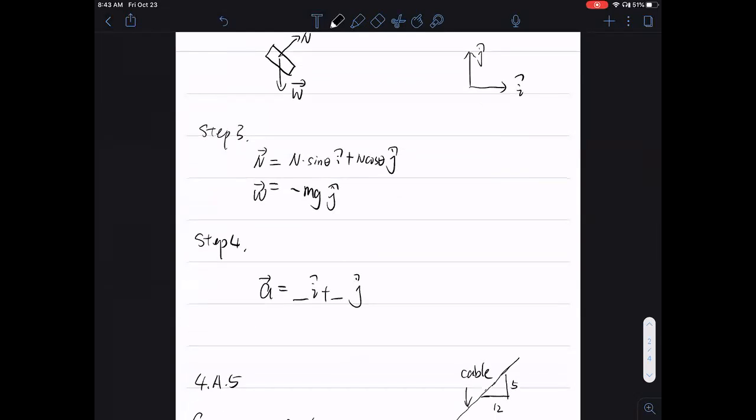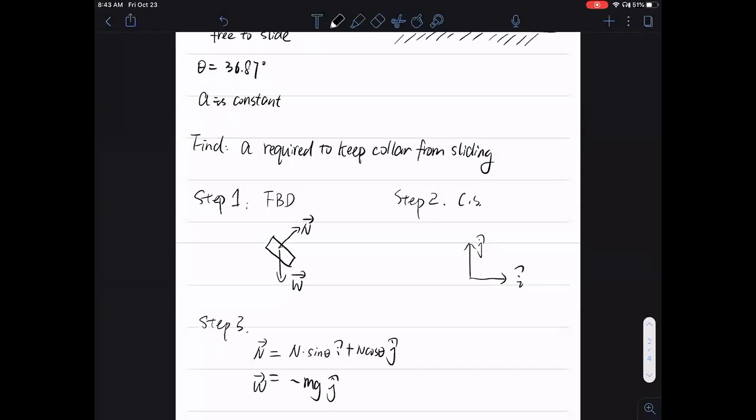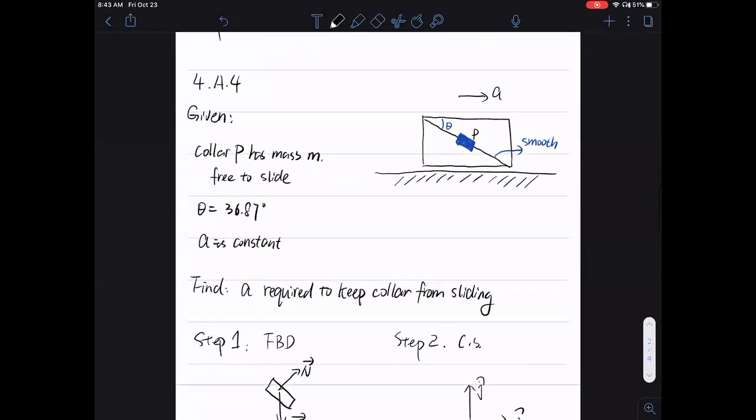Read the problem again. Our goal is to keep that collar from sliding, which means we want that collar P to move with the car, but without moving up and down. So if our goal is to keep that collar from moving up and down, there should be no motion in the J direction.